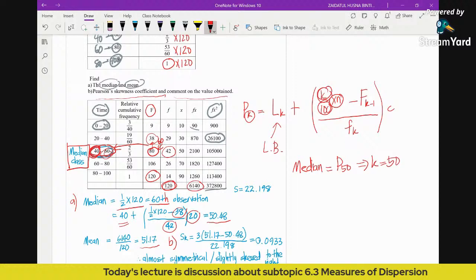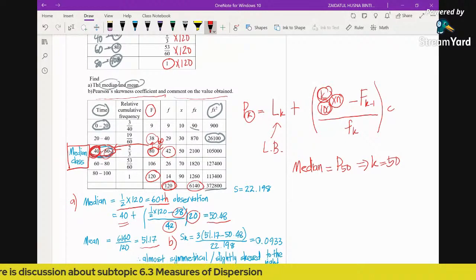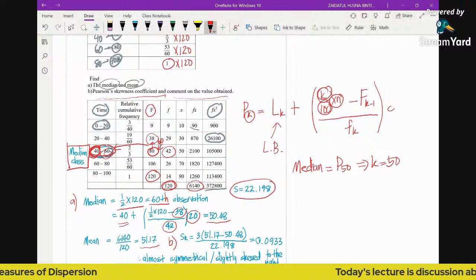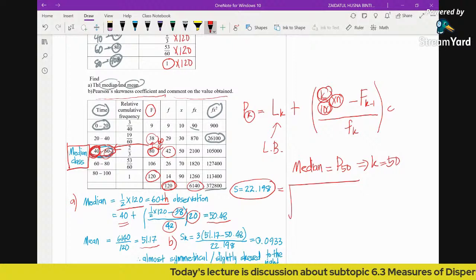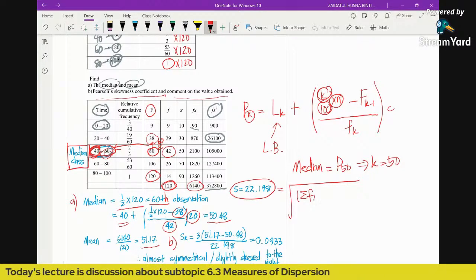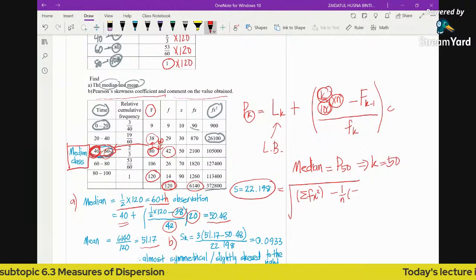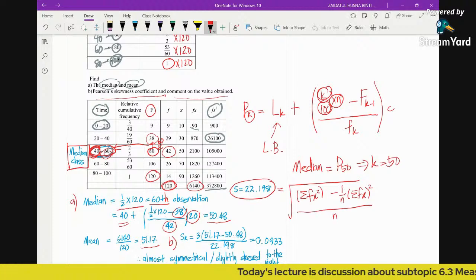So we just use the formula 3 times mean minus median divided by standard deviation. So how do we get this standard deviation value? By using the formula. The formula of standard deviation is the square root of the sum of fx squared minus 1 over n times the sum of fx squared, divided by n minus 1.